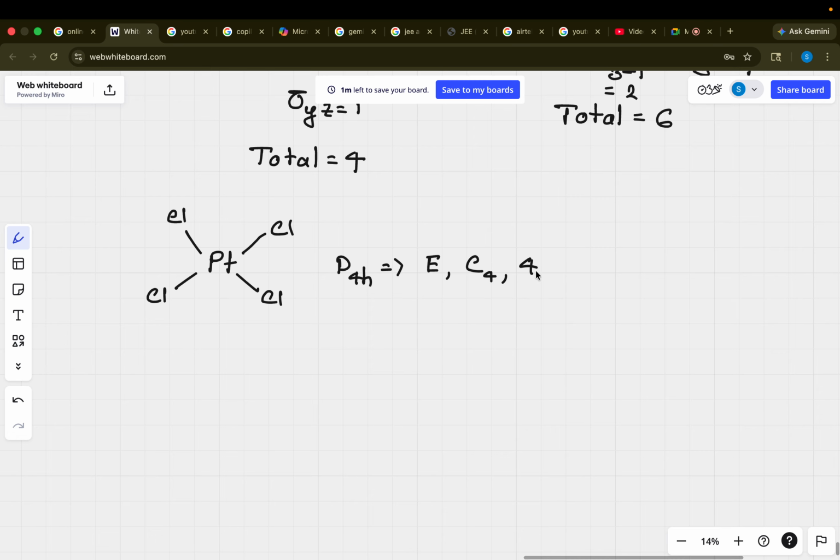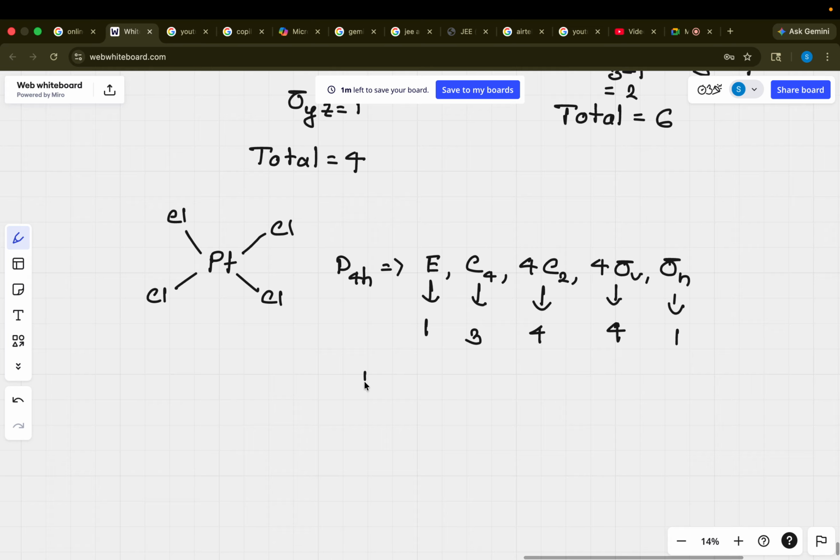Apart from that you have 4C2, 4 sigma v, and you will have sigma h. So for identity you will get 1, for the C4 axis you will get 3, and for 4C2, C2 means only 1 is there, so for 4C2 you will get 4. For 4 sigma v you will get 4, and for sigma h you will get 1.